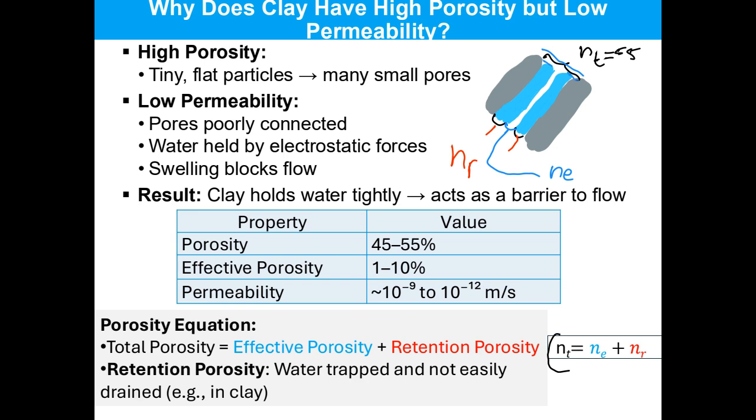So if I would like to plug the numbers here, total porosity is 55 equals effective porosity, which is 7%, remember? Plus retention porosity, the one that is held by the clay particle, is 48%.